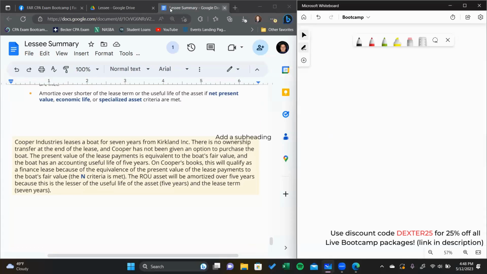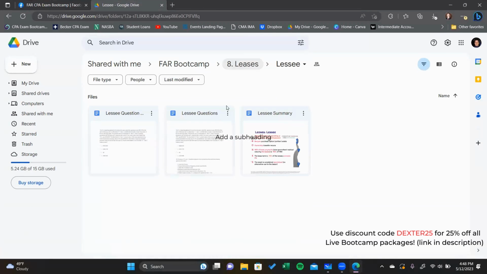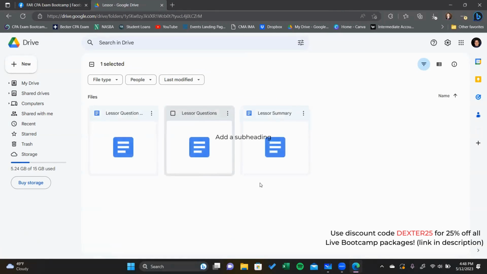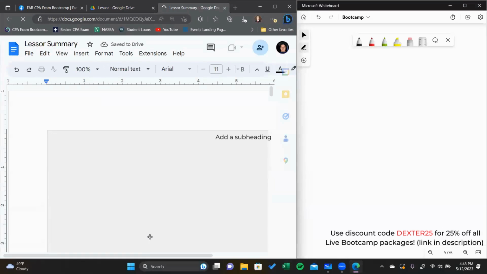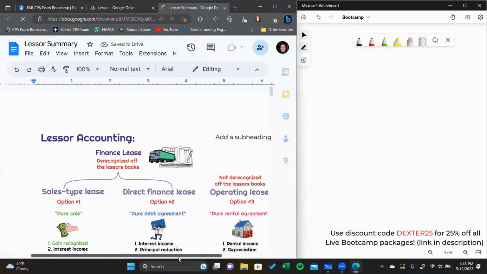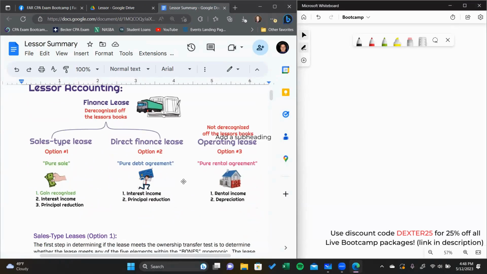But let's go ahead and move on and talk briefly about the lessor here. The lessor is pretty easy, honestly, for purposes of the CPA exam. I think most of the challenging questions you'll see will be for the lessee. So for the lessor, we have three types of leases. Remember, the lessee has two: operating and financing.